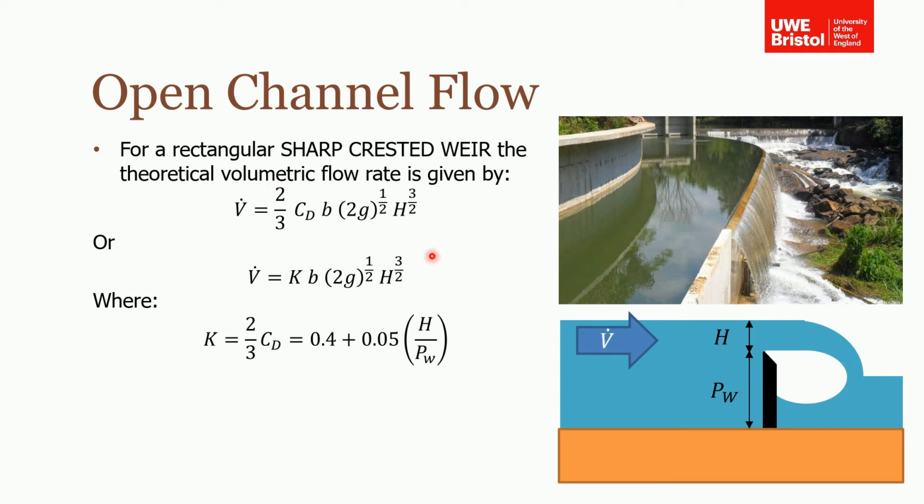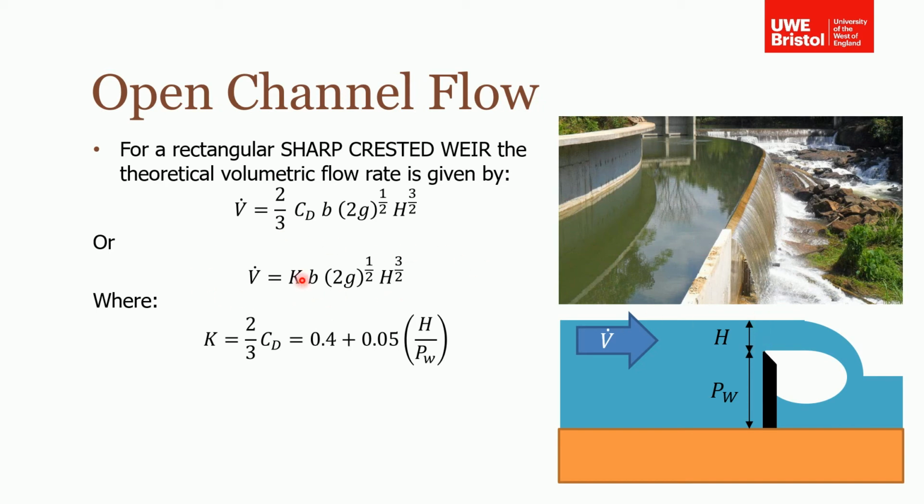As I say, I'm not going to derive this, but it can be shown for a sharp crested weir that the volumetric flow rate is this function, which has a discharge coefficient, again the breadth, which remember is the width or the length of the weir, and also h, the height of the water from the top of the physical weir to the free surface.